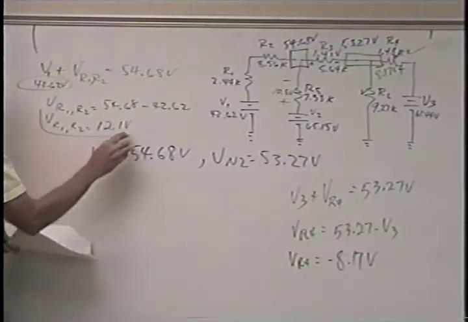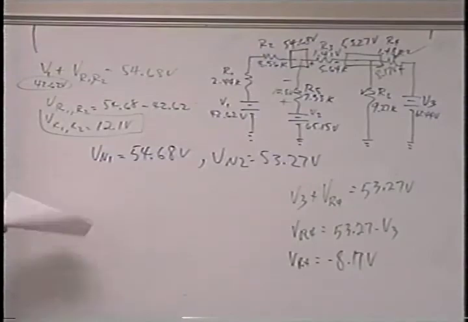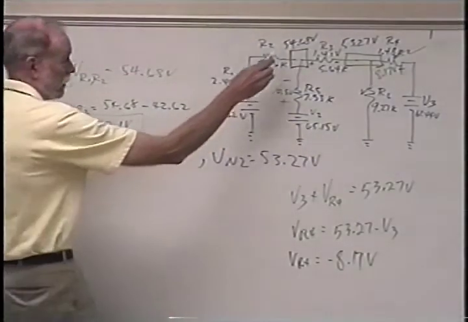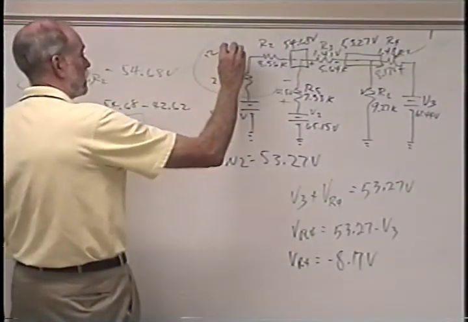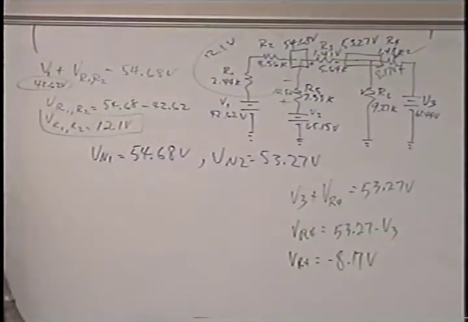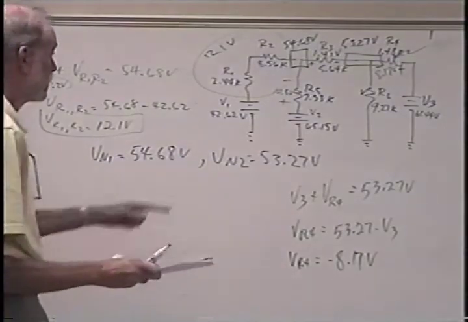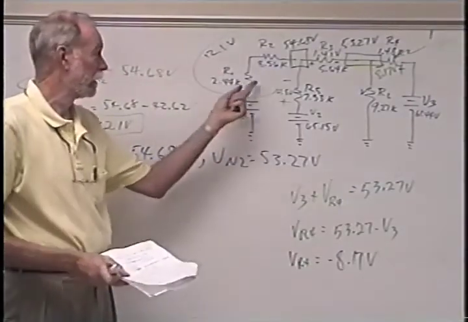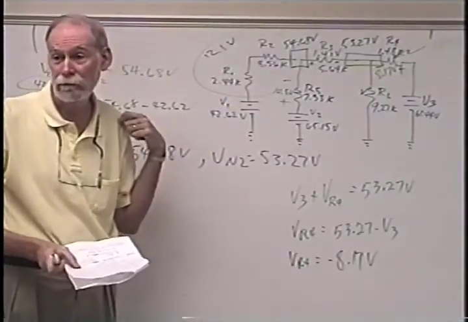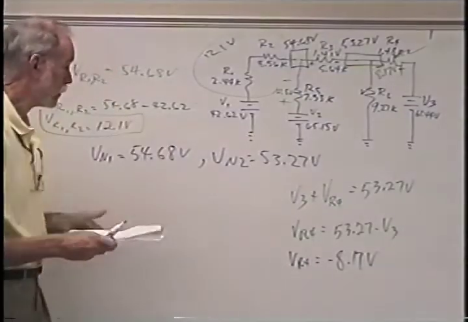All right, now then, how am I going to find the individual voltages across R1 and R2? Well, I know I've got a combined voltage across them of 12.1 volts. I've got a bunch of different ways I can do it. I could sum the resistors and divide them into the 12 and get the current and then use Ohm's law on each one. Or I could use the voltage divider rule.